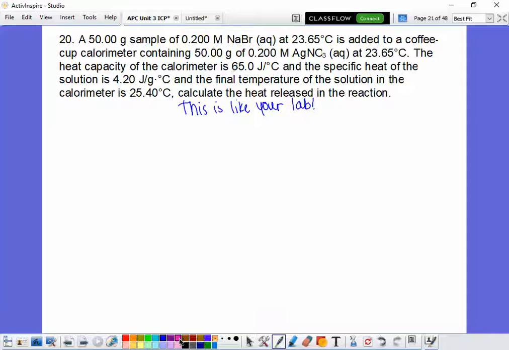So let's first deal with the reaction, the heat of the reaction. Who's observing the heat of the reaction? The thermometer. So what's going to be true about the sign for this? It'll be positive because the thermometer is gaining energy. So Q equals MCΔT.